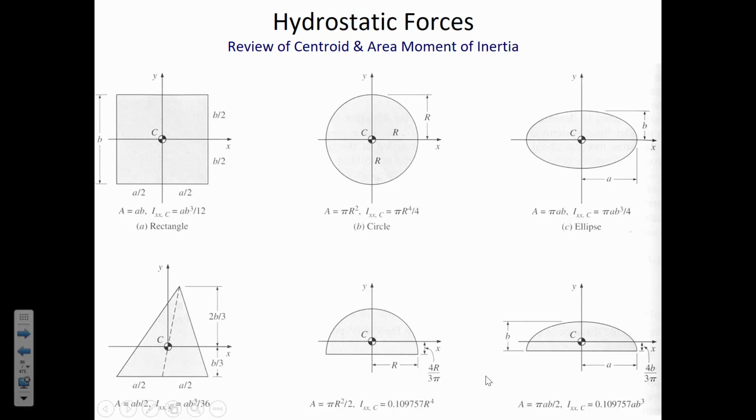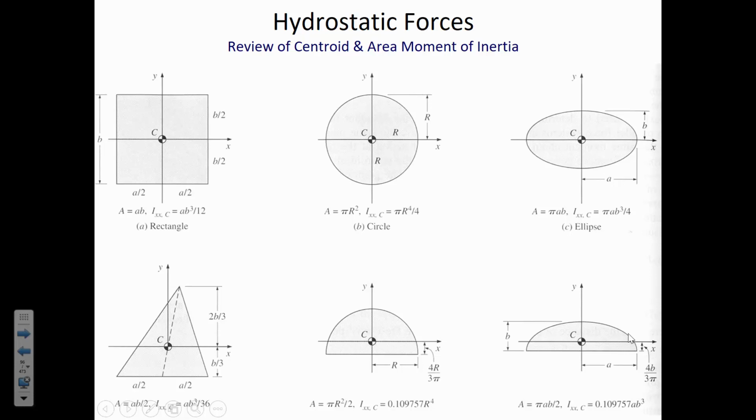One of the resources that you'll need to have available is the formulas for area moment of inertia. Hopefully that rings a bell as something you remember from statics and dynamics. In the appendix of the book, it provides the formulas for area moments of inertia for different shapes. Here's another resource that we'll sometimes come back to.